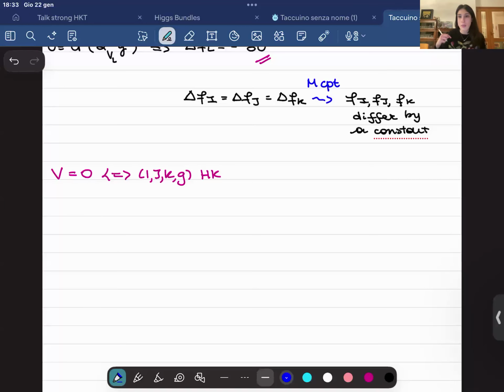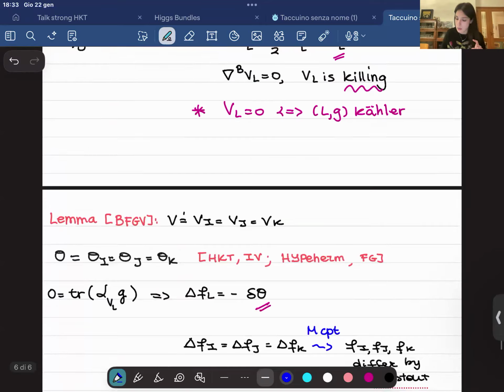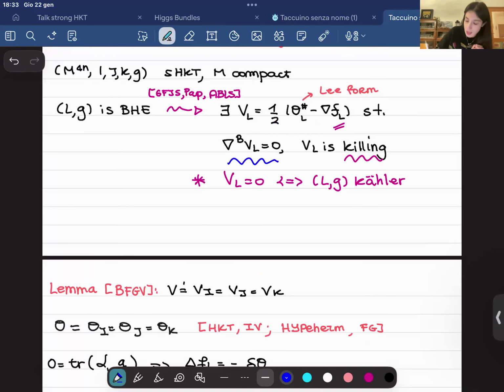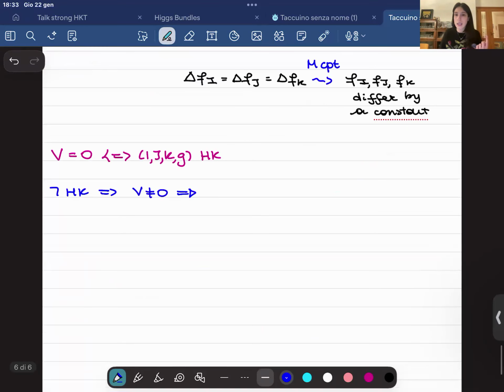So if I am in a non-hyperkähler case, I have that my V is always different from 0. And also, I can use now that this is parallel. And since this is parallel and the Bismut connection is hypercomplex, also I of it, J of it, and K of it are parallel. So basically, I have a reduction of holonomy from Sp(n) to Sp(n-1).